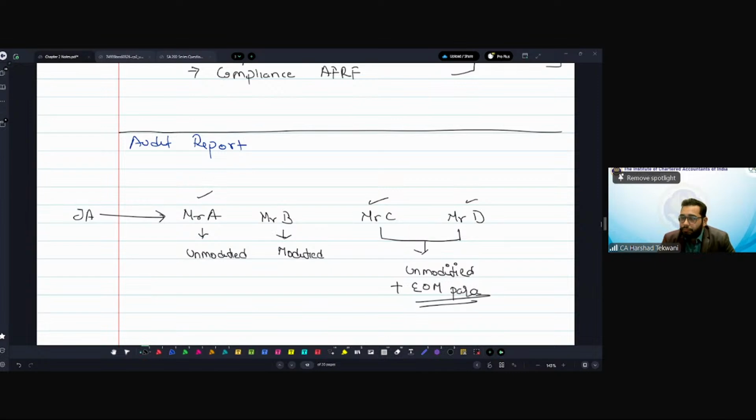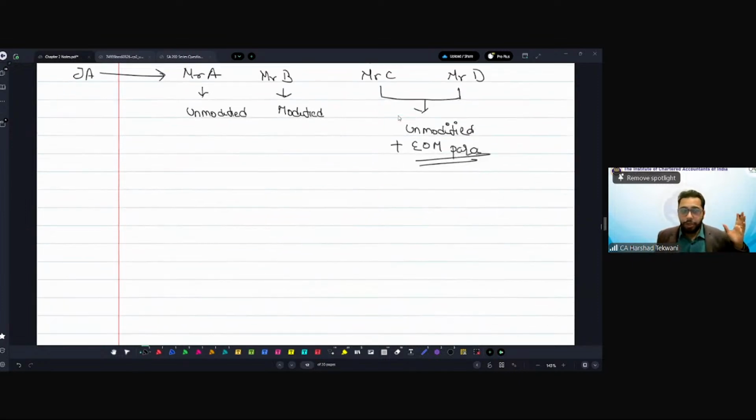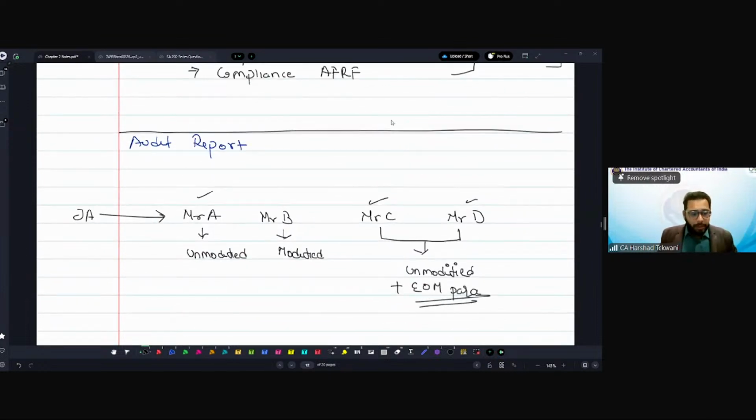Under the heading other matter paragraph. Very good, Pooja. Absolutely correct. If there are multiple disagreements and they want to issue a different audit report, it is perfectly fine. Issue a separate audit report.